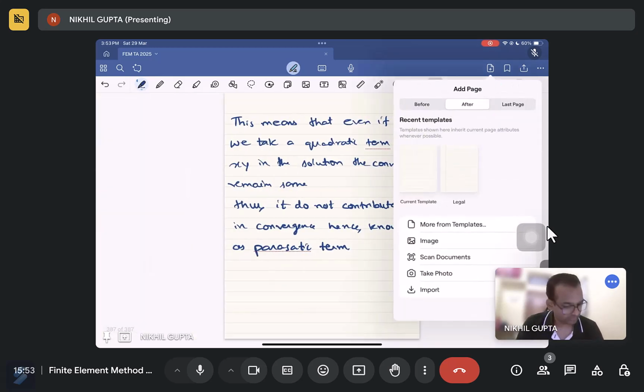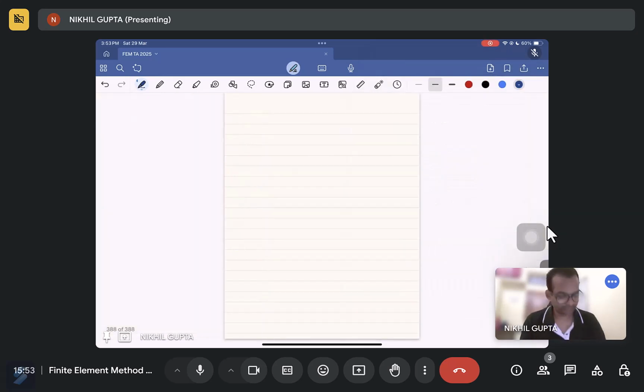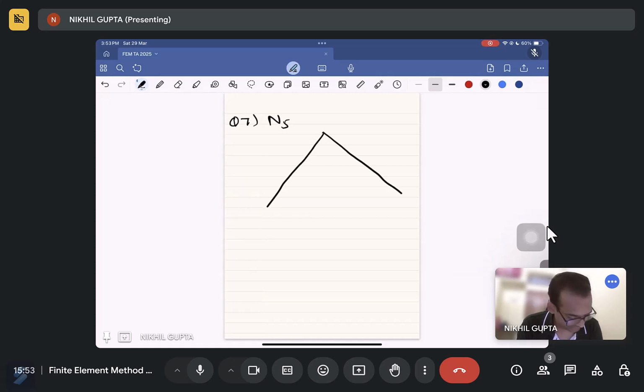Now one more question I have taken, question number 7. So you have to find the N5 for this element. This is 1, 2, 3, 4, 5, 6, 7, 8, 9, 10.